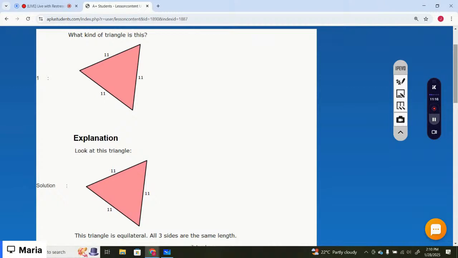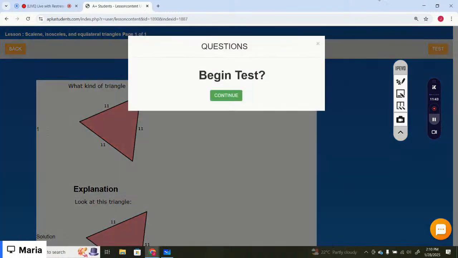They all are exactly the same, so the triangle is an equilateral triangle. Let's start with the test.